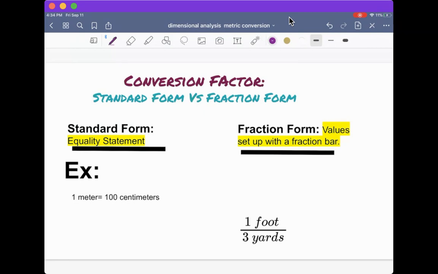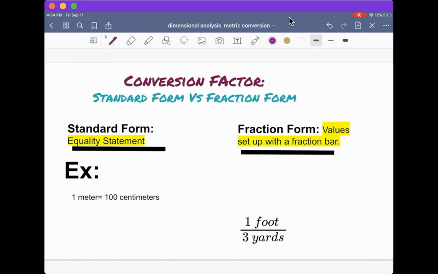to write both in the standard form and the fractional form when working with conversion factors. Being able to easily understand and convert between both forms will help you when we get into the problem-solving portion of dimensional analysis. So, standard form is your equality statement. One thing equals another.